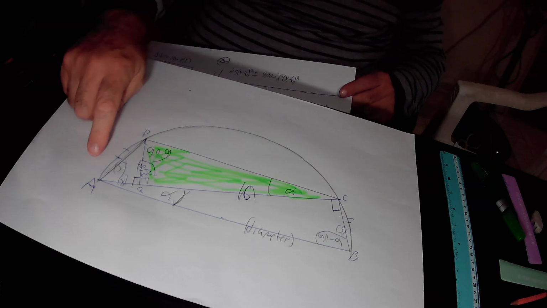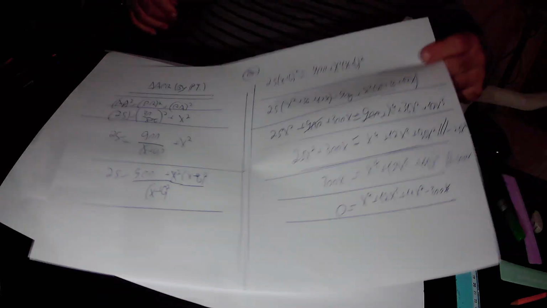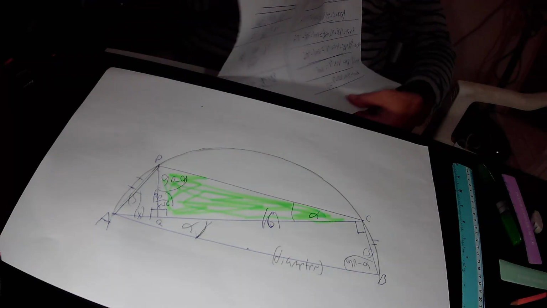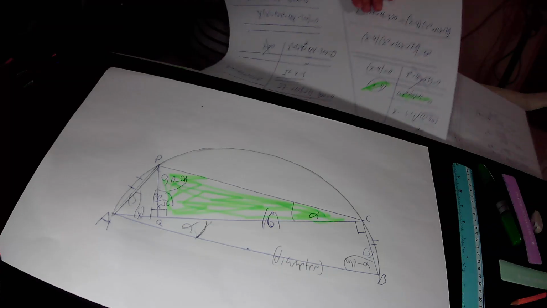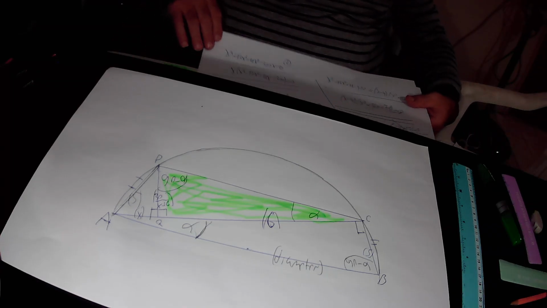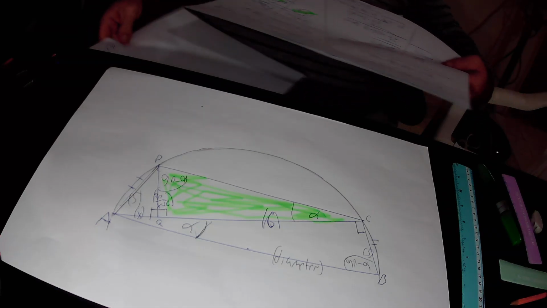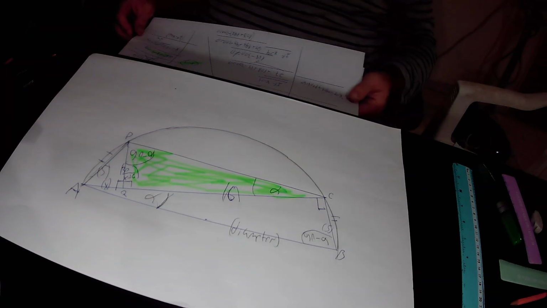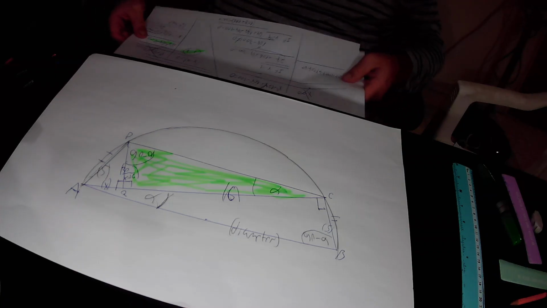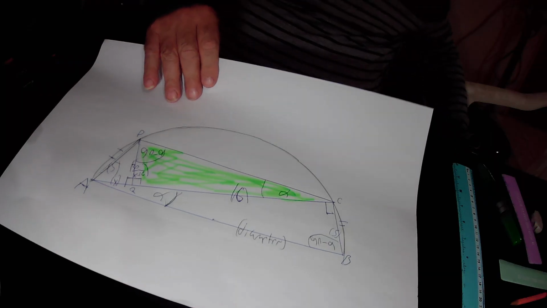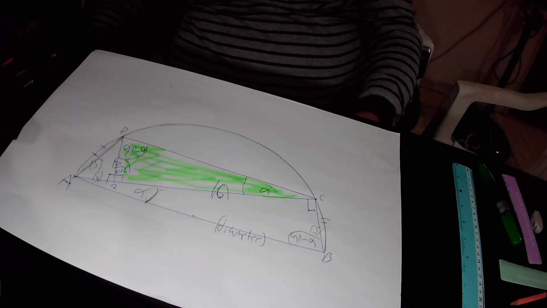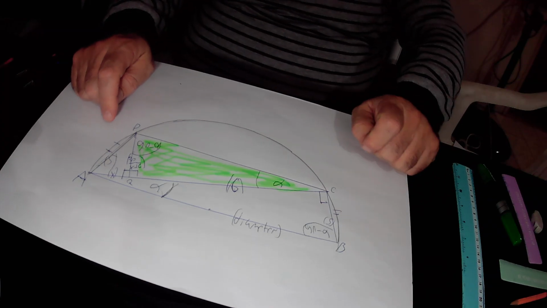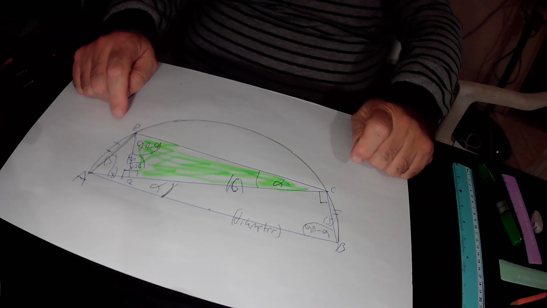Again, because arc PA equals arc CB, according to rule 56, chord PA equals chord CB in length.